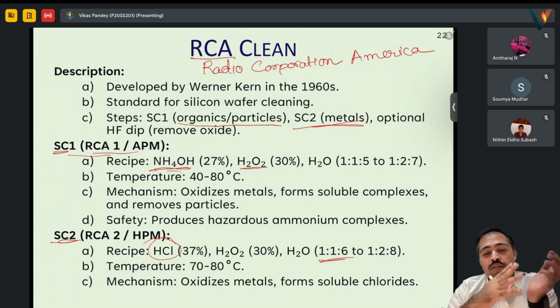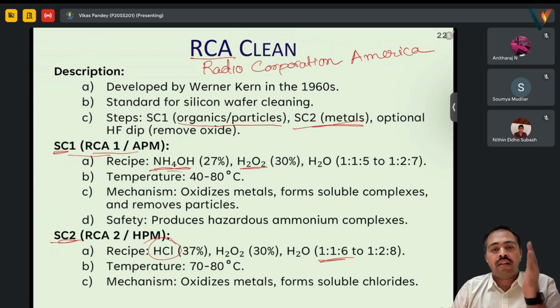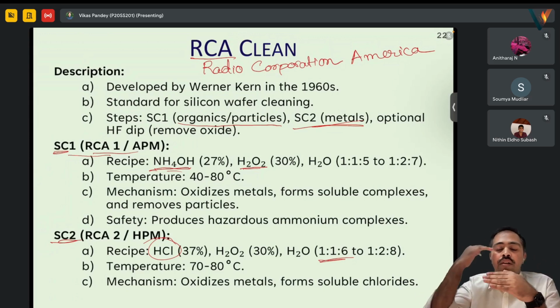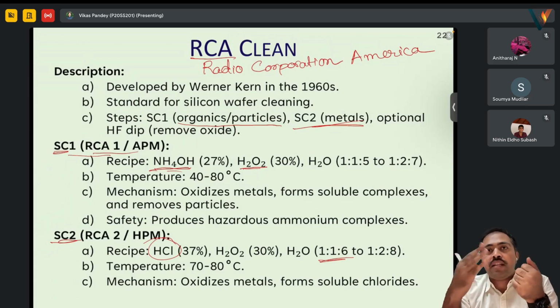So this is used to remove those. But in this process, a thin layer of silicon dioxide is formed on the top. It removes everything, and a very thin layer of native oxide, silicon dioxide, SiO2, is formed on the top layer.